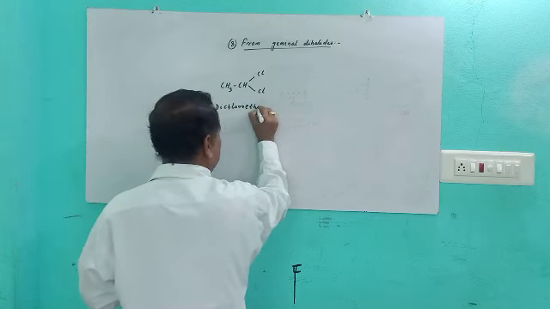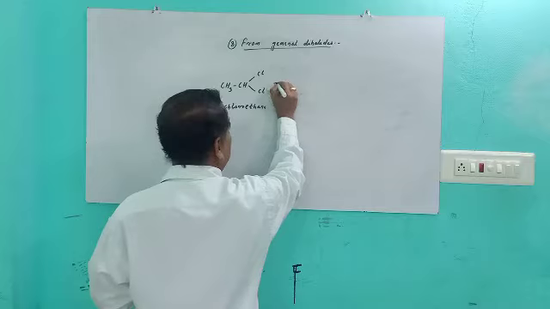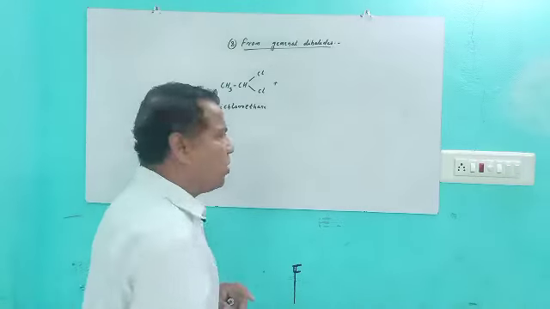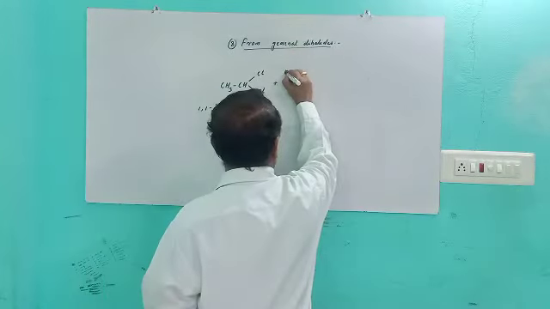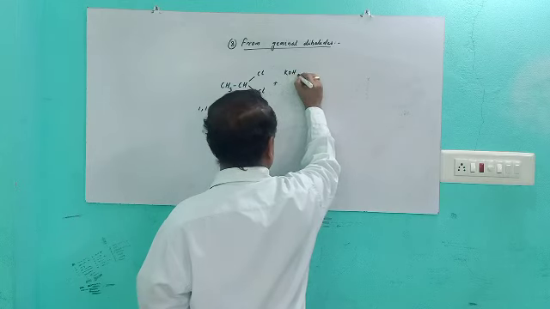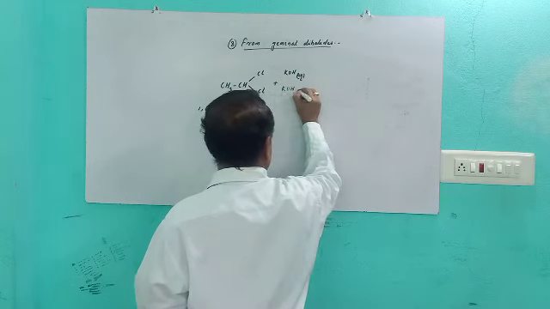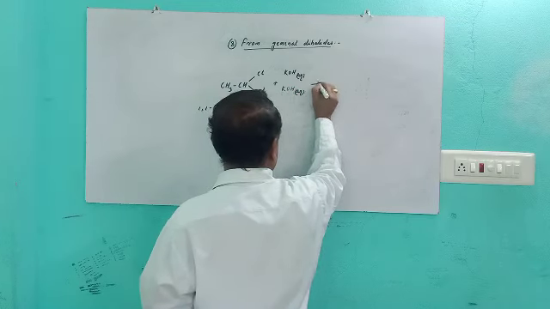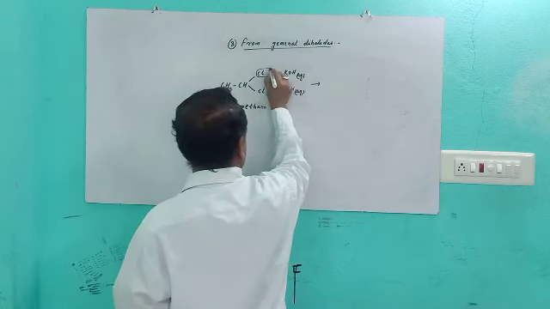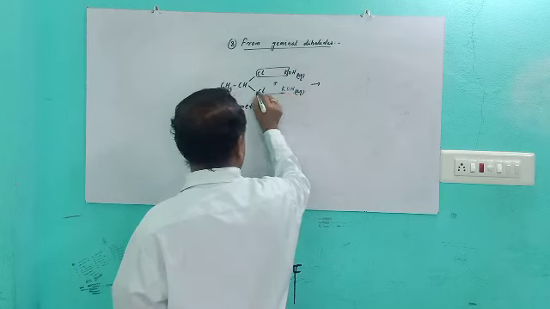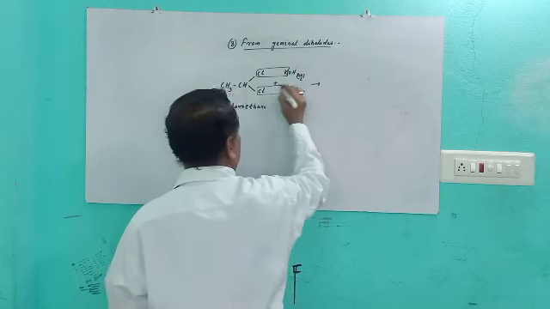It is a geminal dihalide, 1,1-dichloroethane. Caustic potash is KOH. When it is treated with two molecules of aqueous KOH, KCl is eliminated and the two OH groups come to this carbon.